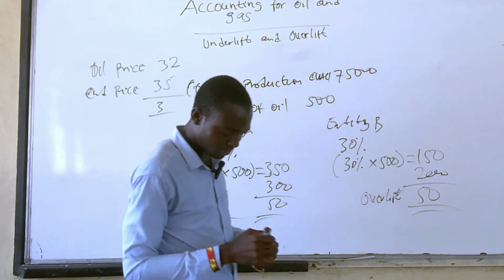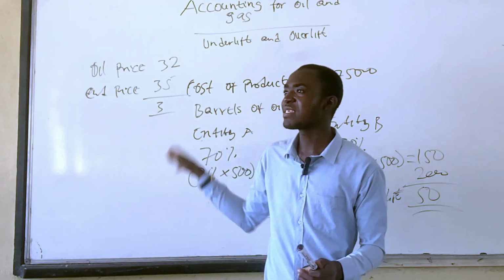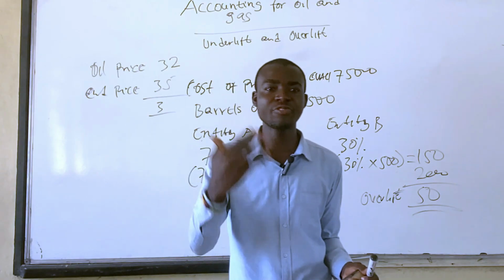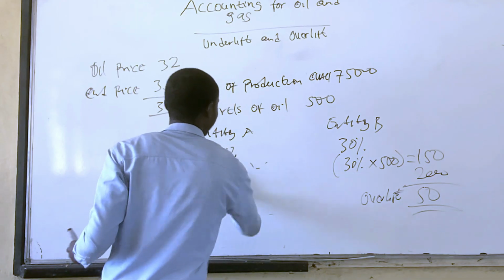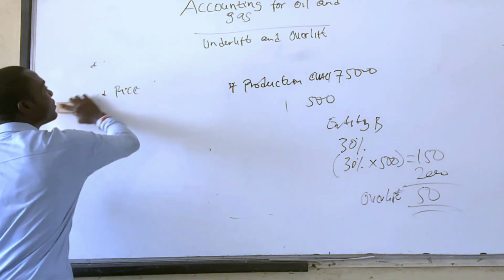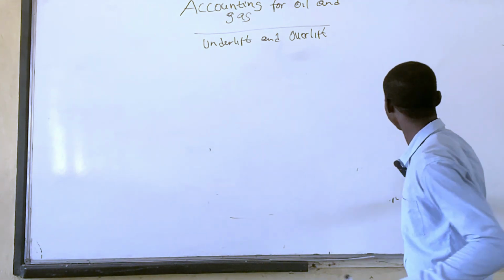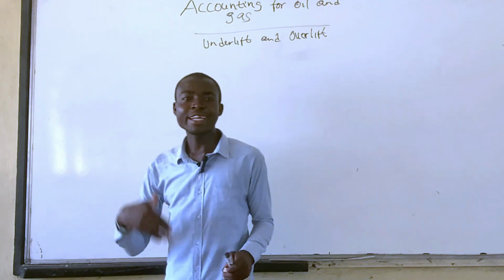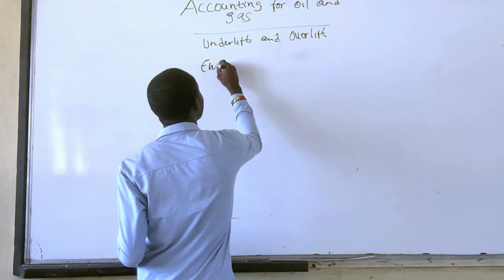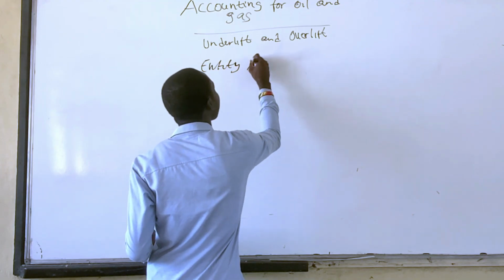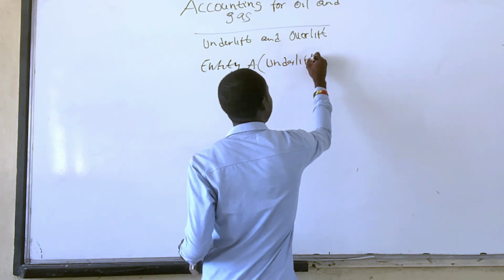That's the underlifter. So we are required to show how we recognize these transactions in the books of the underlifter, that's entity A. We start with the income statement of entity A. Entity A is the underlifter.